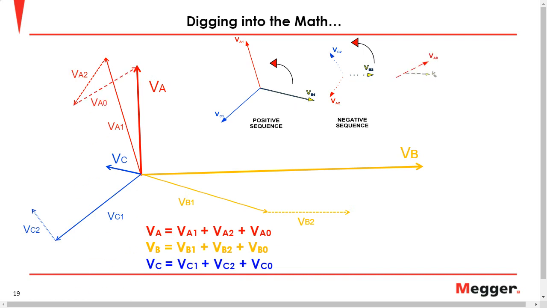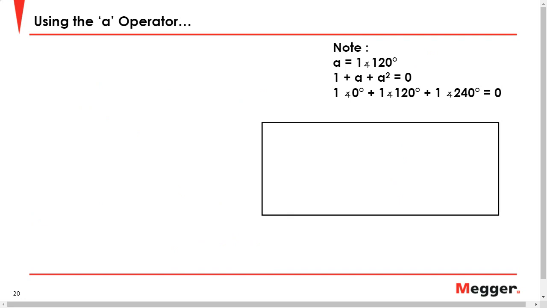So it's important that we somehow put VB and VC into VA terms, into like terms, and then we could possibly solve this. If we had 3 unknowns and 3 equations, we can use linear transformations to solve this. And so this is why we come up with the A operator.